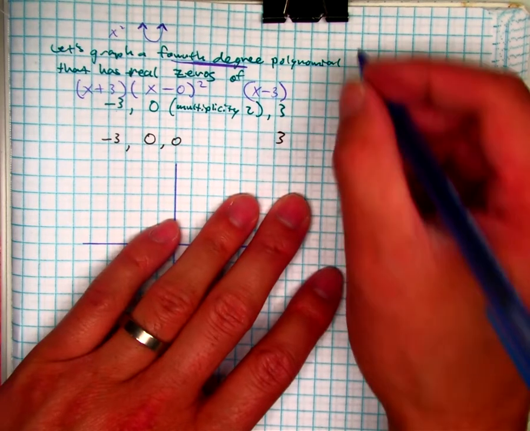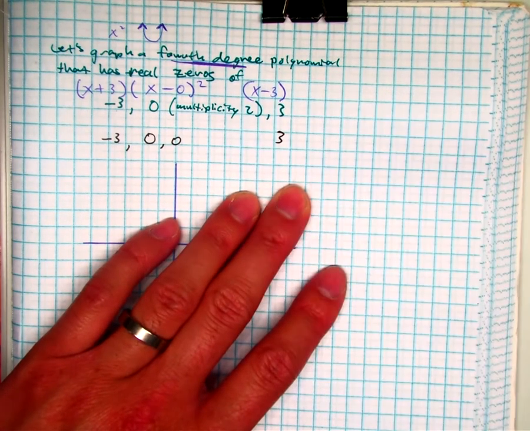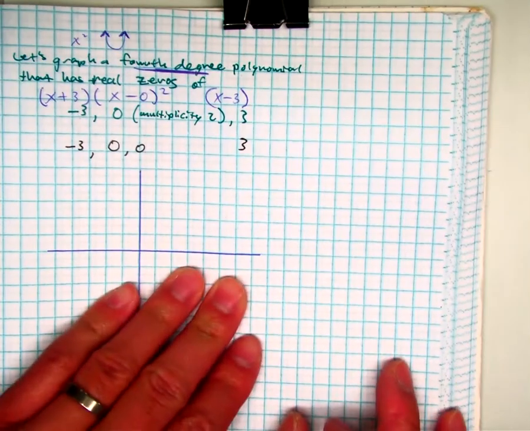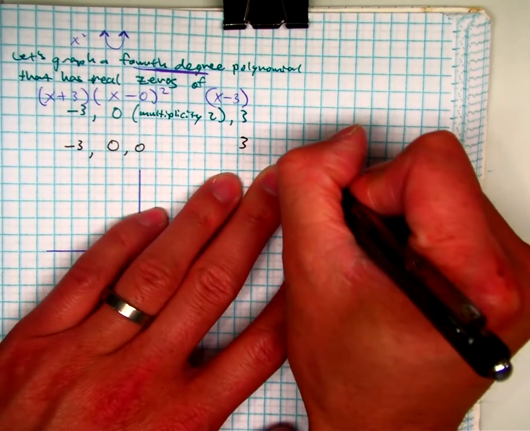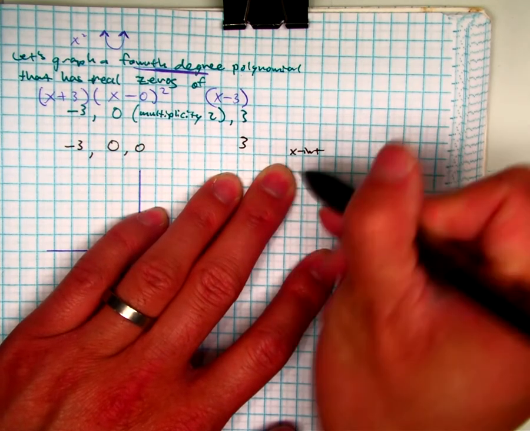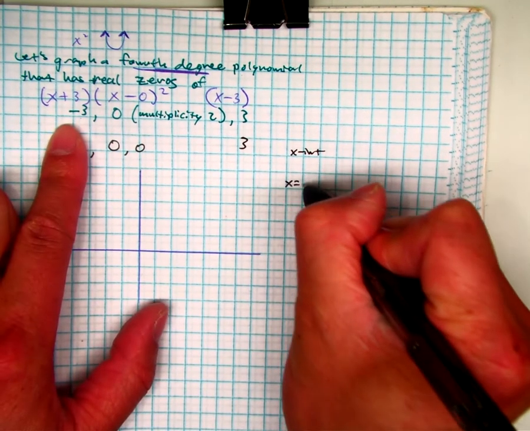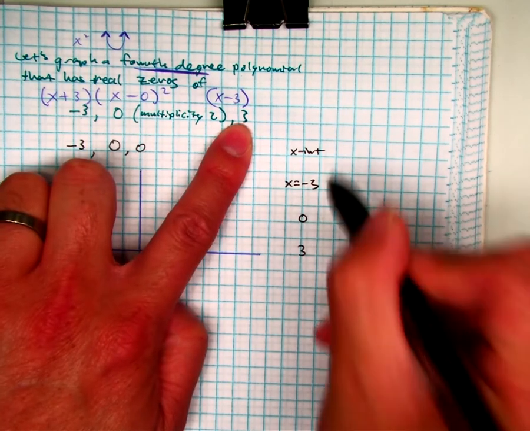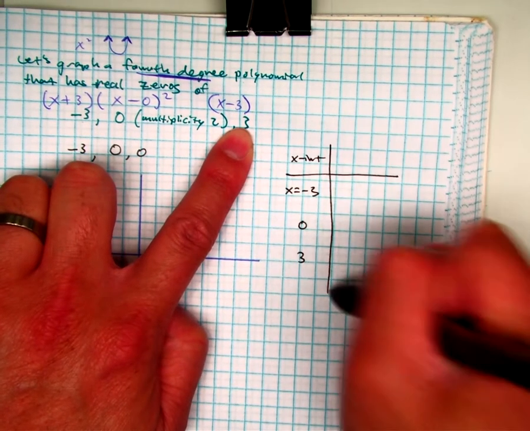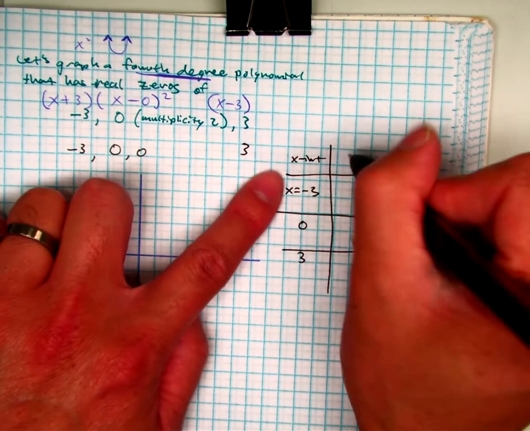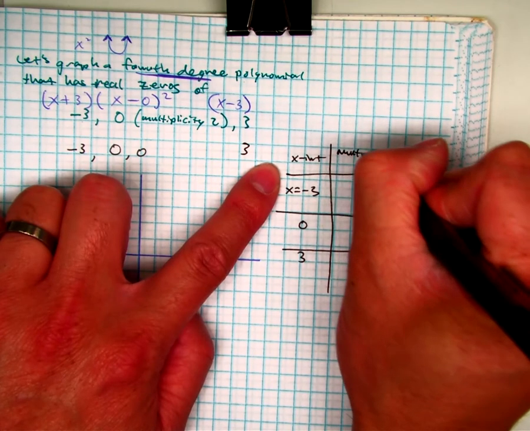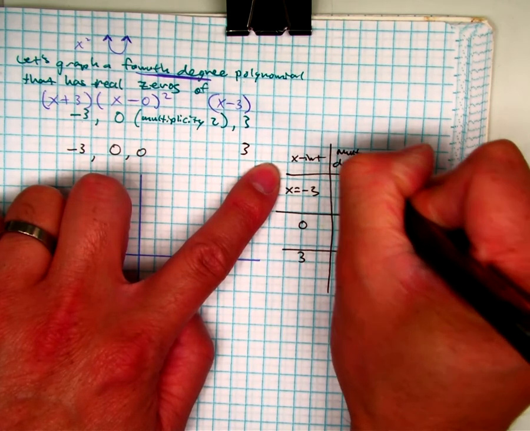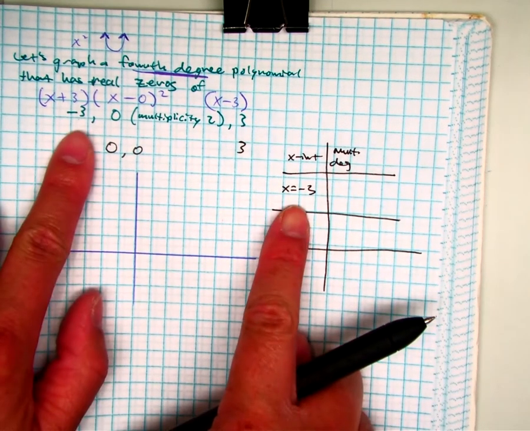Alright, so I like to make a chart. So my x-intercepts, we have x equals -3, 0, and 3. Then we talked about its multiplicity, or the degree. -3 only occurs one time.